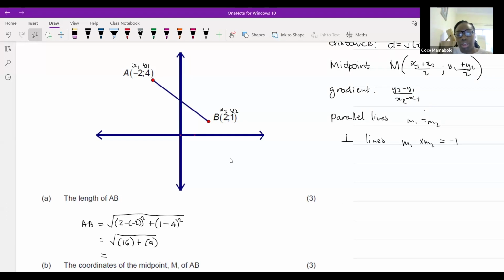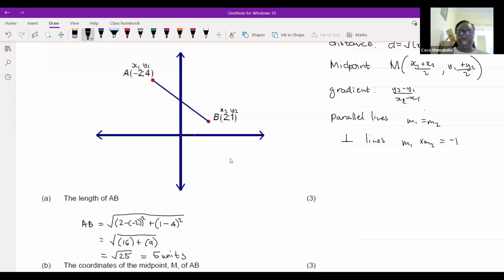Okay, so AB would give me the square root of 25, which is equal to 5 units.